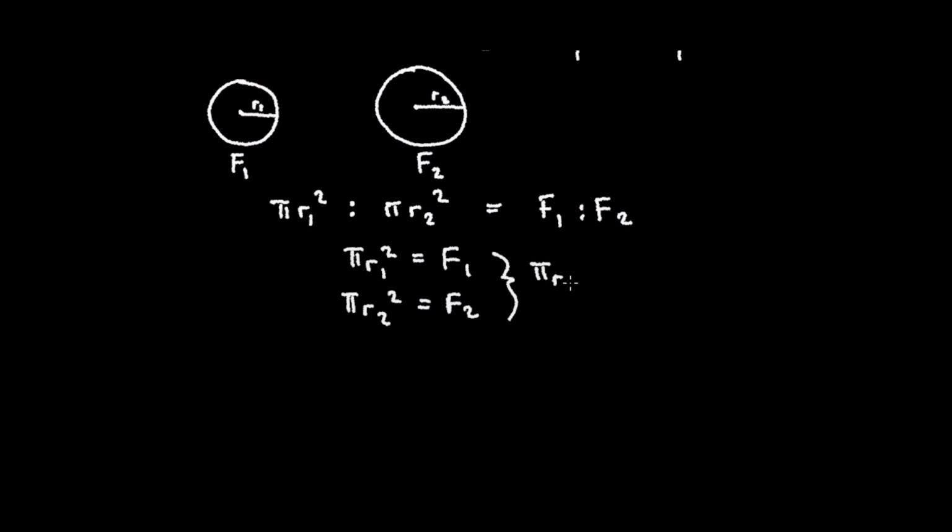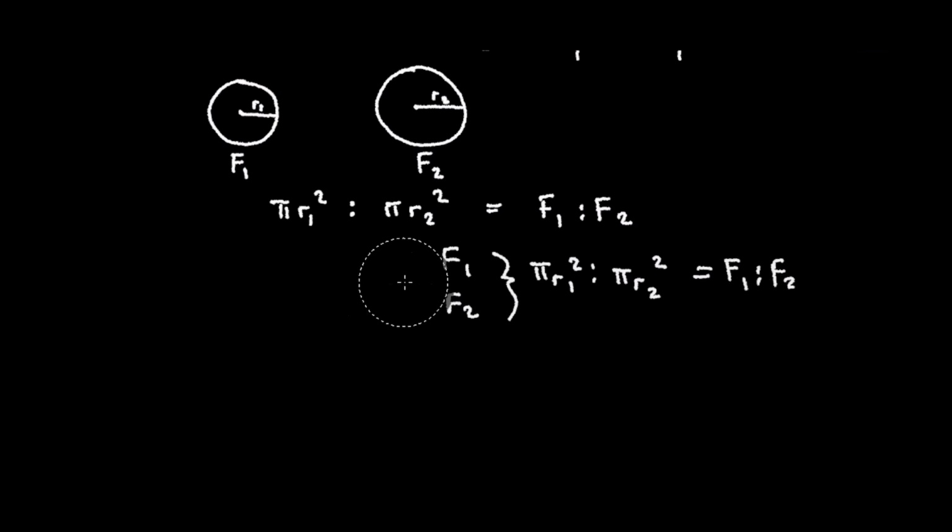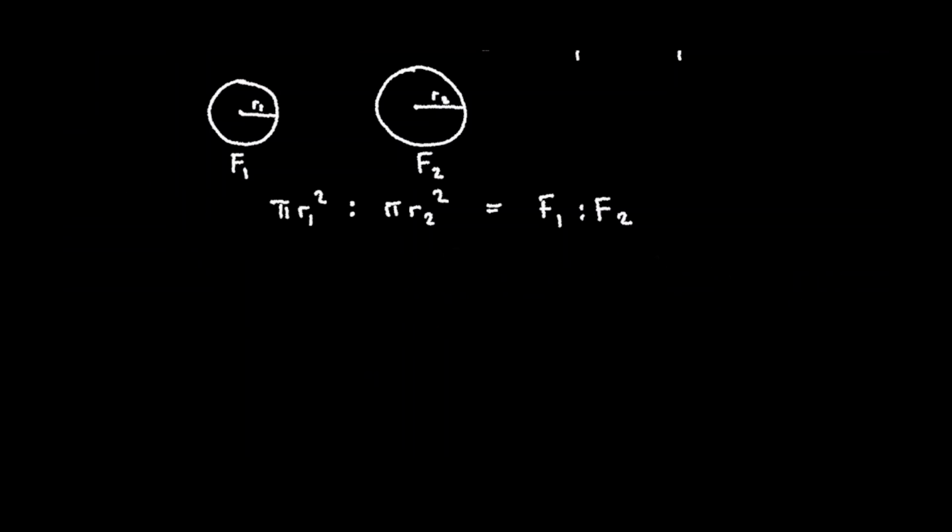After writing this statement, which is a mathematization of what we already know, since pi is a constant, pi does not change irrespective of whether it is this pie chart F1 or F2, so the pi's are going to cancel out.